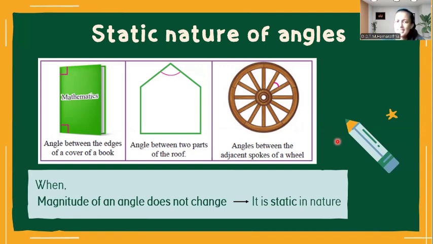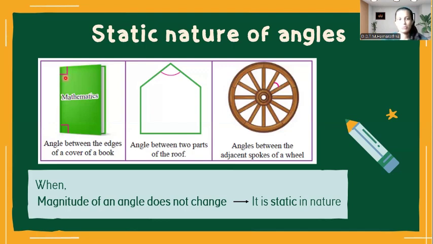So, what is the static nature of angles? Let's see. Think about a book, one of your books. The angle in the book, the corner of this book, the angle between the edges of the cover of a book, indicates a right angle.